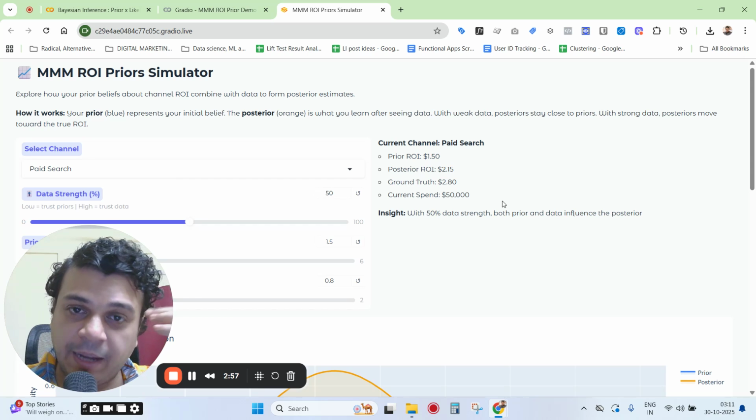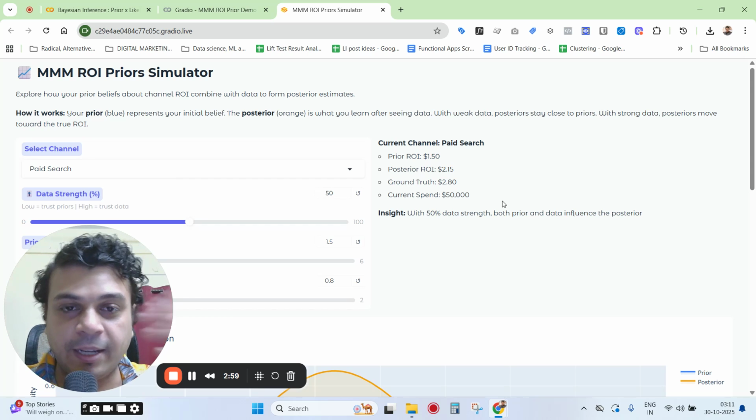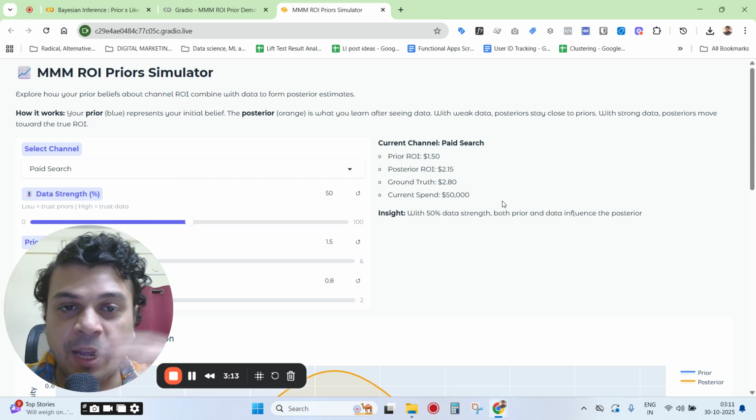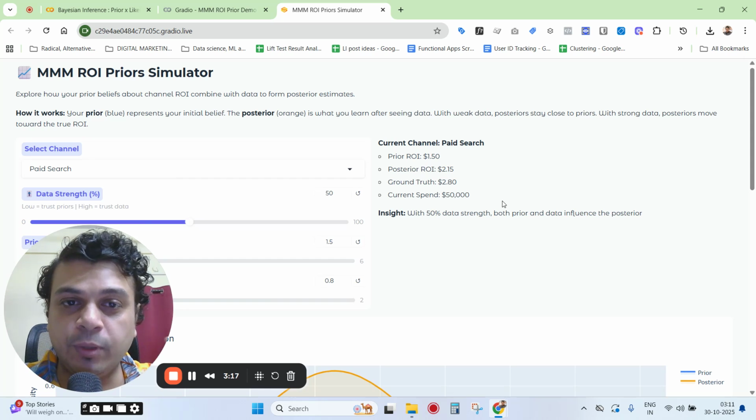And the outcome is the posterior, essentially, and the data, by the way, is, like I said, the likelihood. Now, the posterior is what you get, and the posterior will be pulled towards either of these two depending on the relative strength. So if your data is stronger, and we'll come in a moment to what I mean by stronger, then it's going to be pulled towards the data.